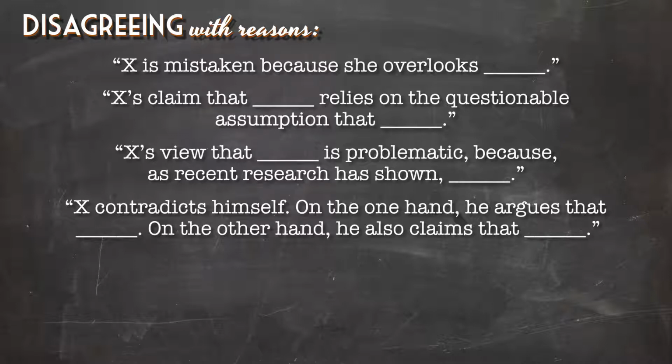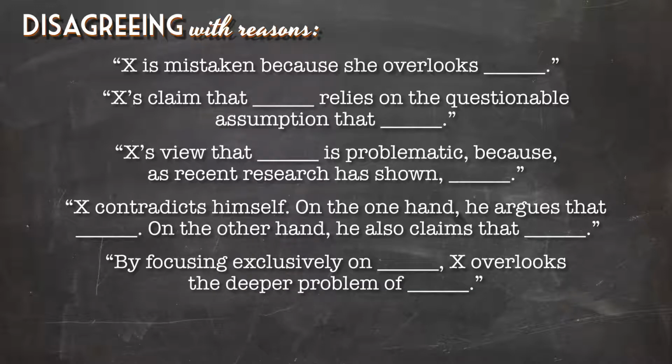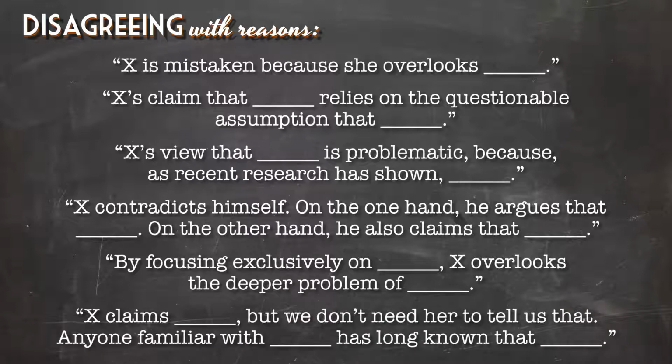On the one hand, he argues that..., on the other hand, he also claims that... By focusing exclusively on..., X overlooks the deeper problem of... X claims..., but we don't need her to tell us that. Anyone familiar with... has long known that.